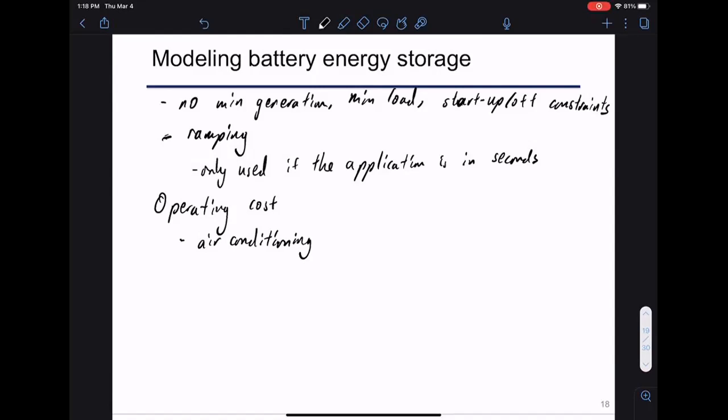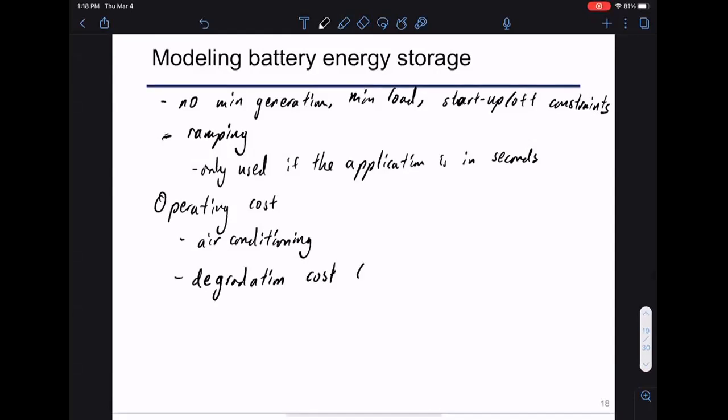Another cost when you operate the battery is degradation cost. This is basically from charge and discharge. This will reduce capacity. So you bought a battery, and after a year, it's about 90% of the old battery you had, right?